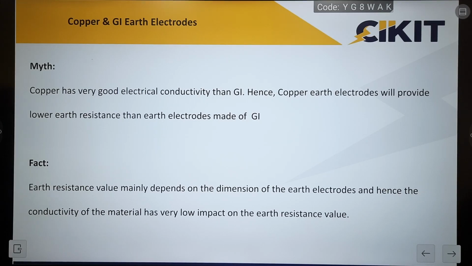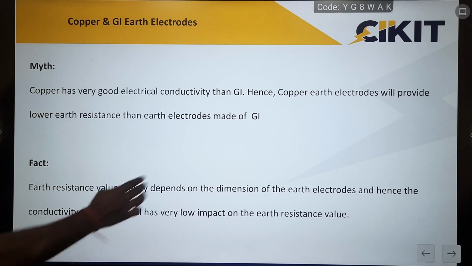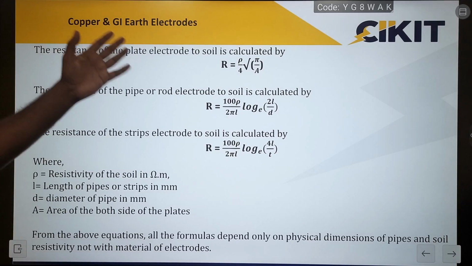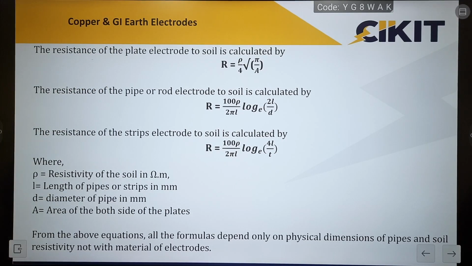The answer is no, because the earth electrode resistance does not depend upon the resistivity of the material. Whether I go for copper or GI, if the dimensions are the same, the resistance will be the same. The resistance value can be reduced by increasing the length or increasing the diameter, and it cannot be reduced by changing the material, because the resistance value depends only upon the soil resistivity and the dimensions of the earth electrode.